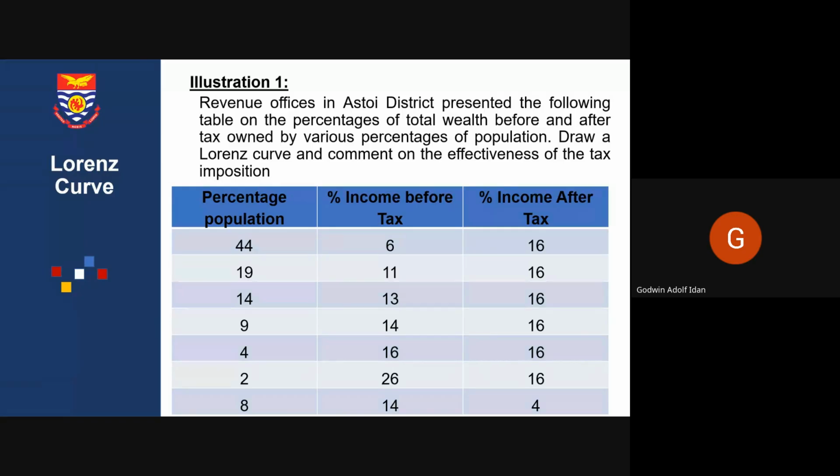Yes, please. I can see from this illustration that the percentage population is in descending order. However, the income is in ascending order. So the first step is always focusing on the percentage population. It says that we should always convert the population into percentages and rank them.